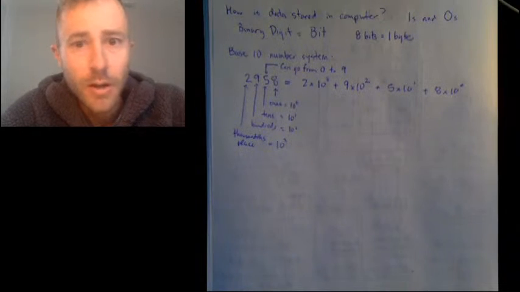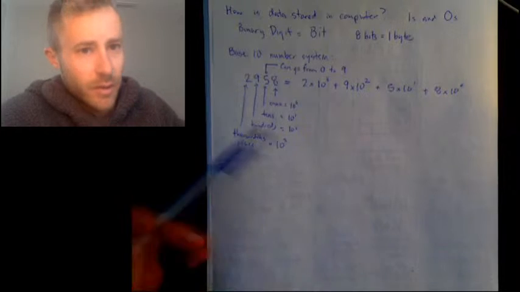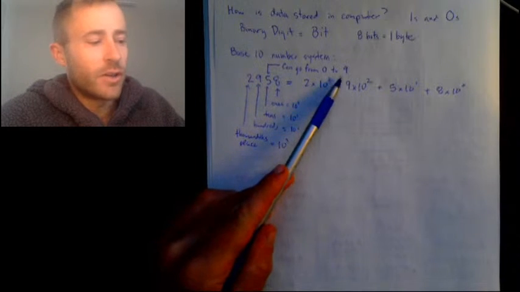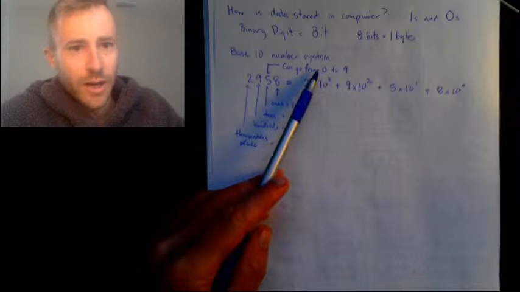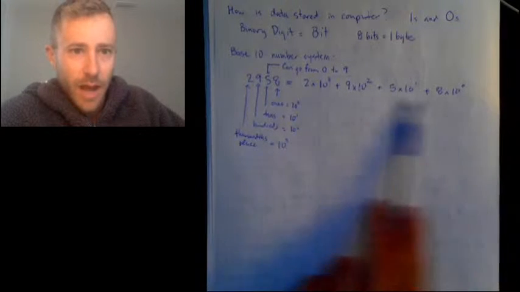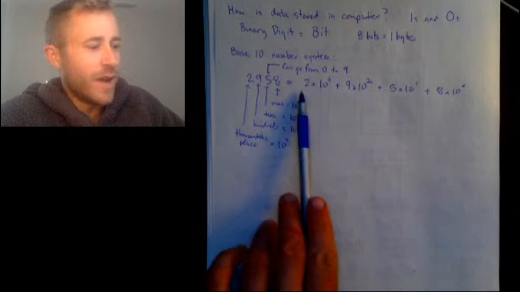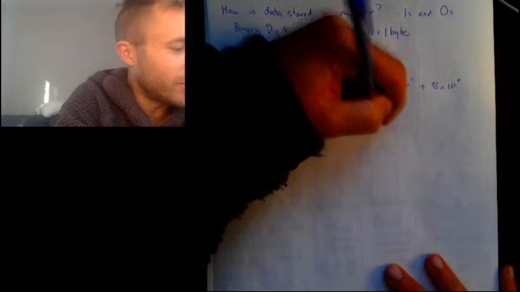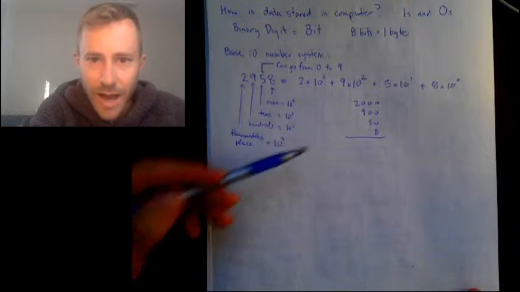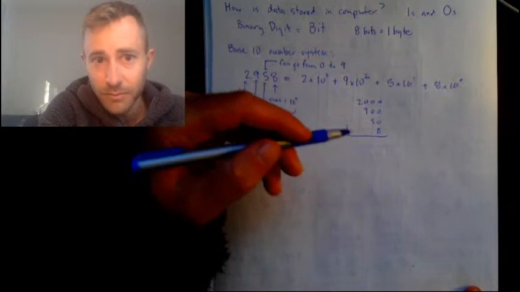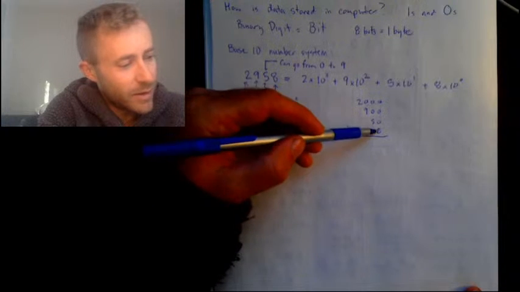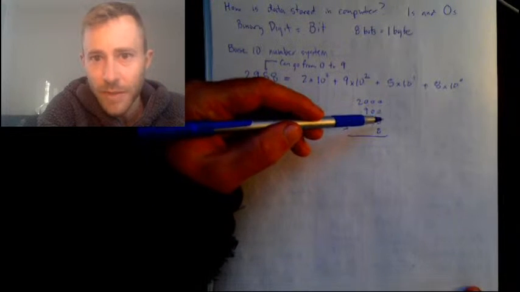All right. So the reason that the digits can only go from 0 to 9 is because when you do that, you don't have any carrying happening here. When you add 2,000 plus 900 plus 50 plus 8, we're not going to have any carries because 8 is added to all zeros.